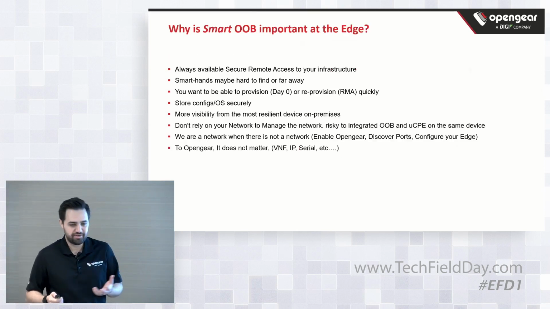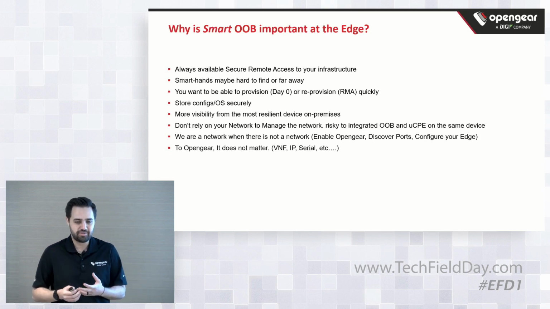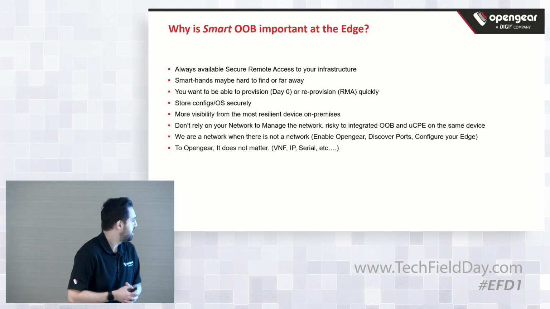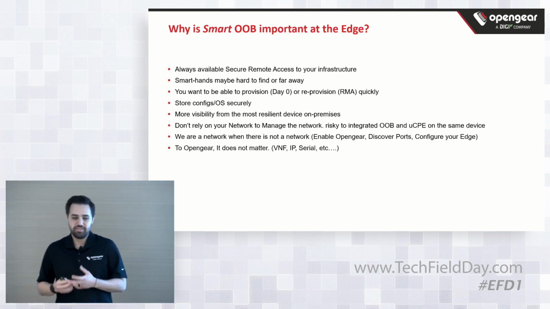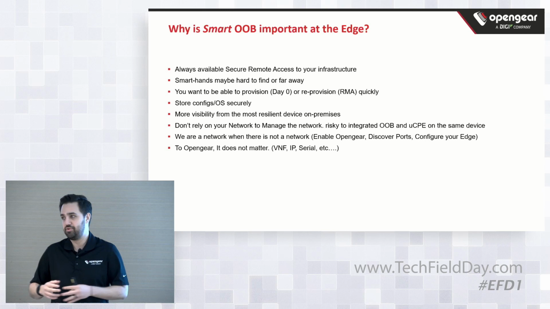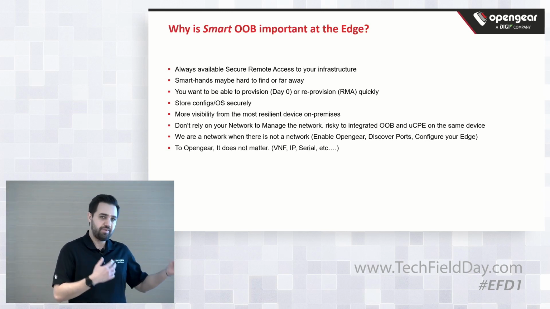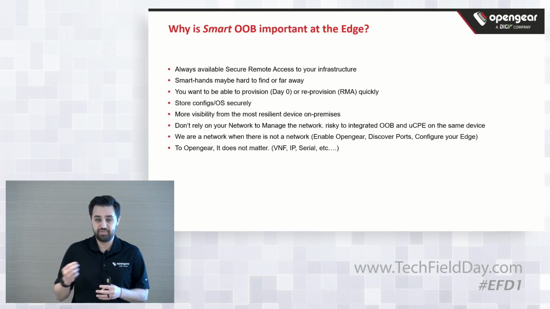So as an out-of-band company, as a smart out-of-band company, how does Opengear and how does out-of-band come into play at the edge? You obviously always need secure remote access to your infrastructure, and this means whether you're in-band, your regular broadband connection, or out-of-band over cellular, you want to be able to have visibility to these devices.